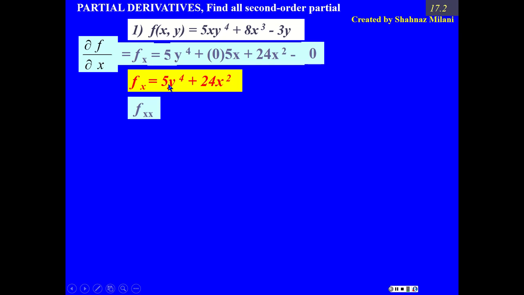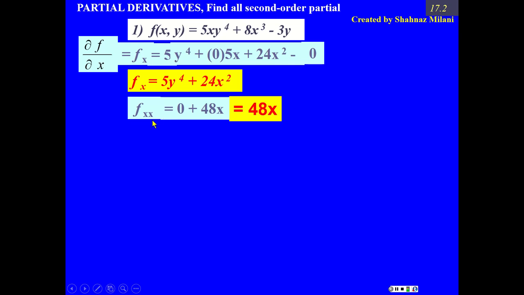The derivative of 5y to exponent 4 based on x is going to be 0. And the derivative of 24x to exponent 2 based on x is going to be 48x. This 0, again, it was not necessary for you to write it down. That means actually from here, you can just jump to this.